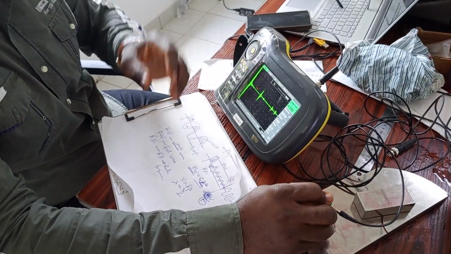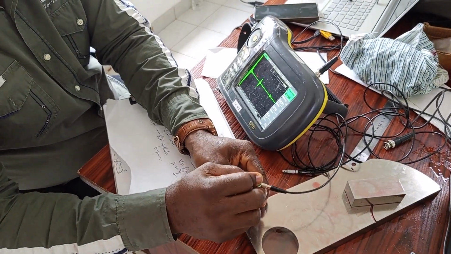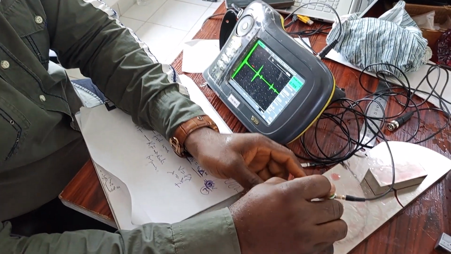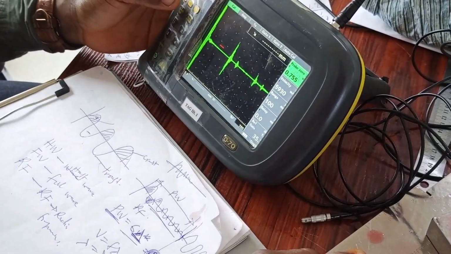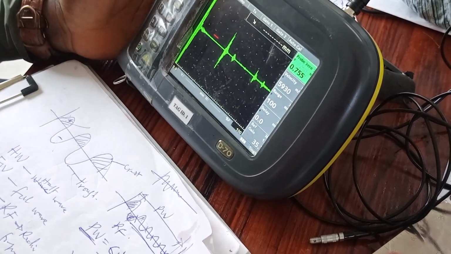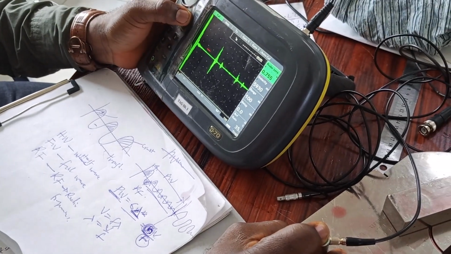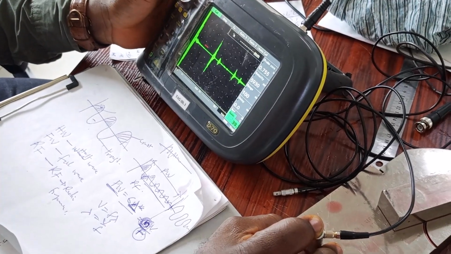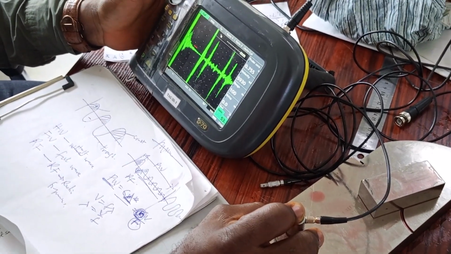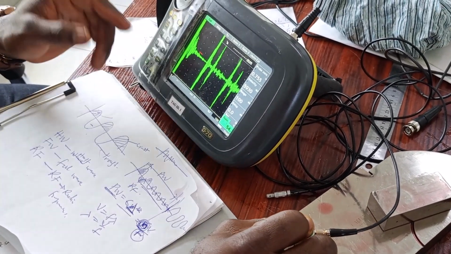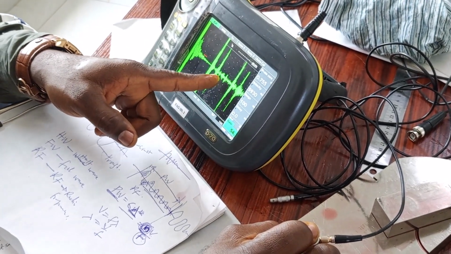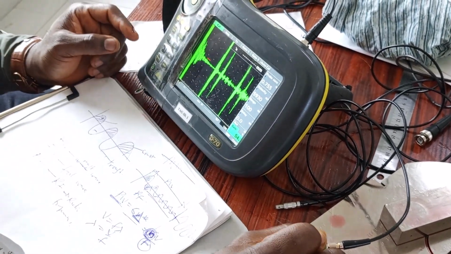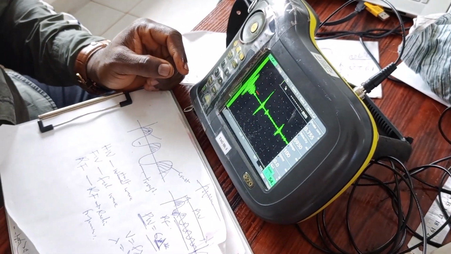The material attenuation is large, so it is a damping signal. If you look at it, you can clearly differentiate. You see that this is one signal, this is one signal, this is one signal. You can see how they are clearly differentiated.